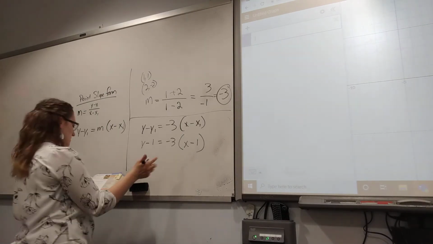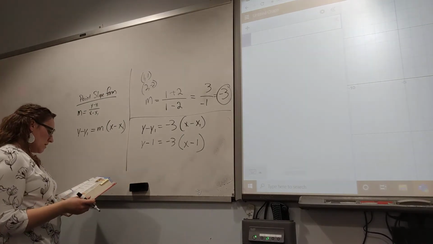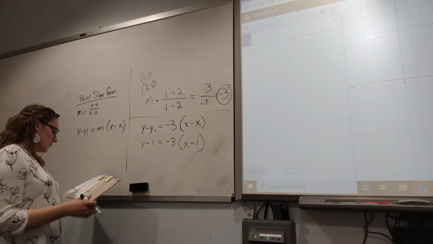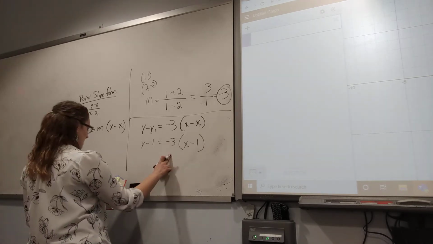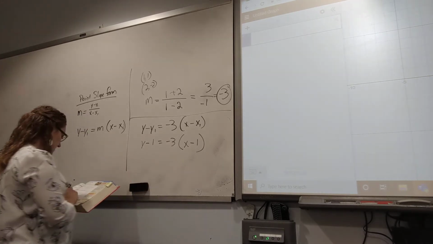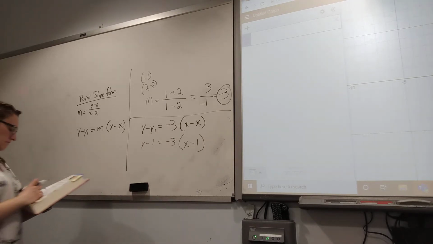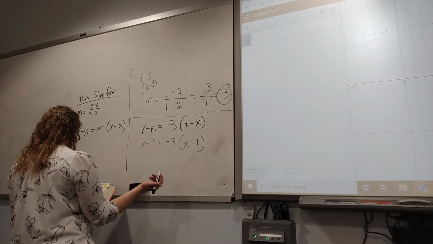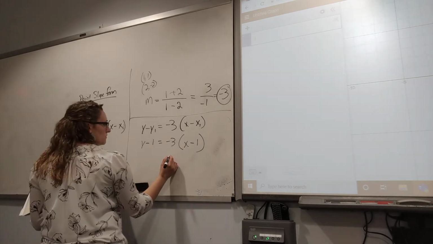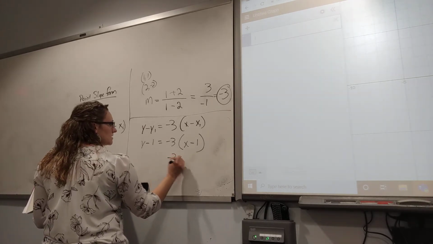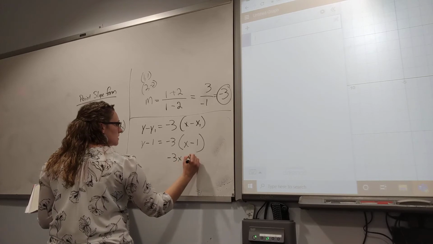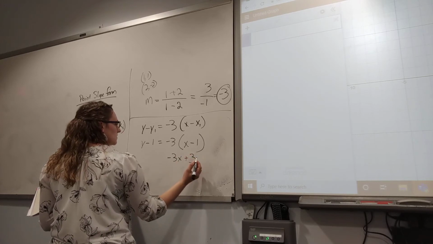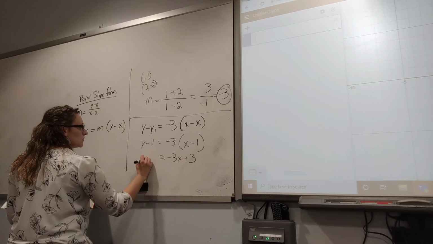Okay, so then we're going to put it in x plus y equals a number form. So this is step 3 on the bottom. Let's move all this and clear this up. Let's distribute our negative 3. So negative 3x plus 3 equals y minus 1.